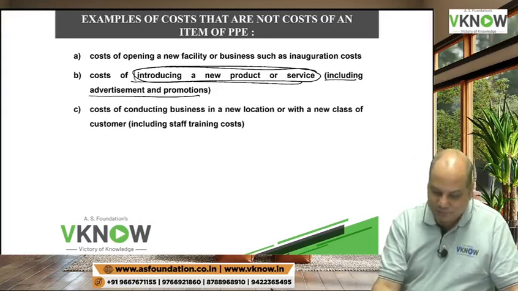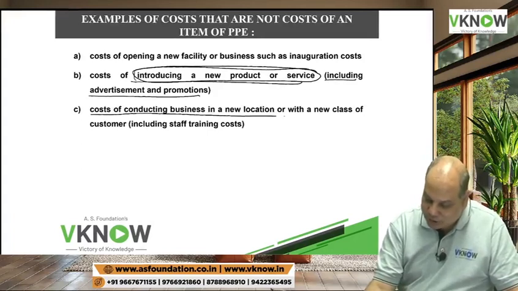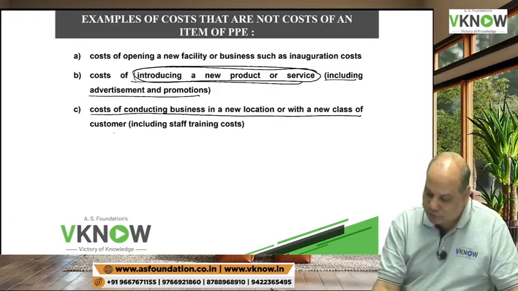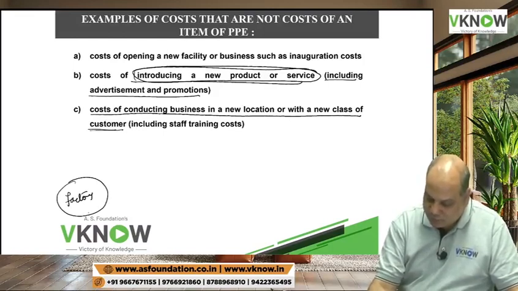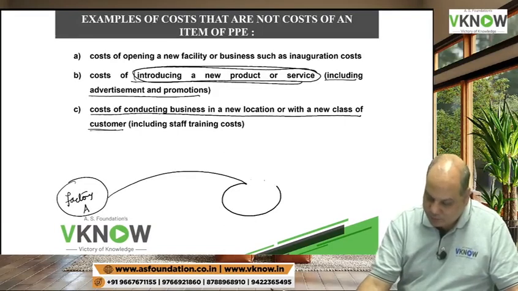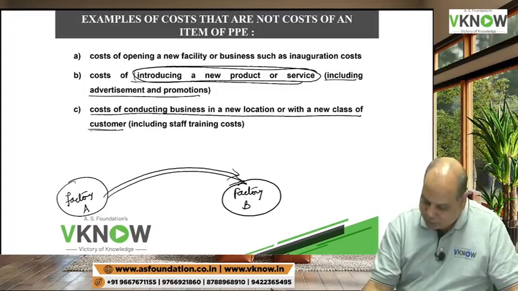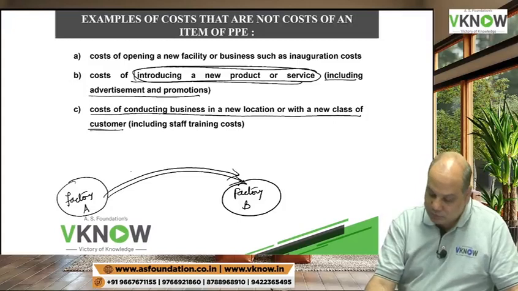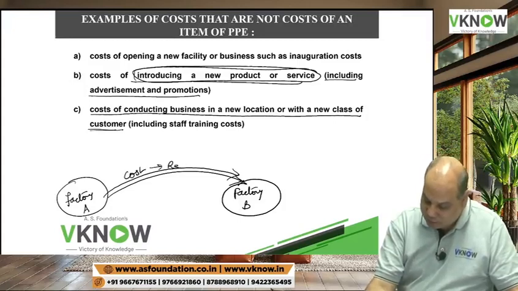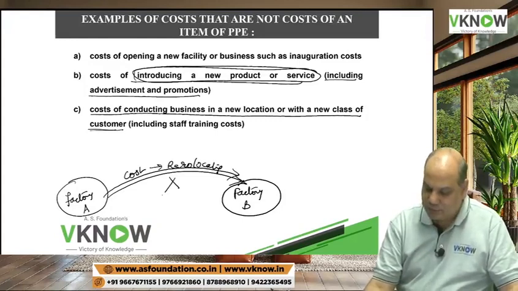Then it says cost of conducting business in a new location or with a new class of customer. Suppose your factory was located here, location A. You have shifted your factory to location B. This cost of relocating will not be added.